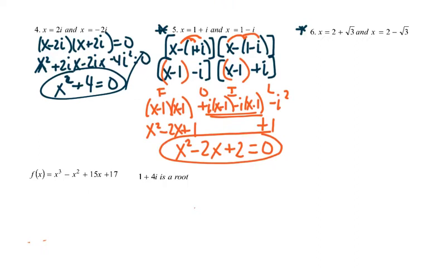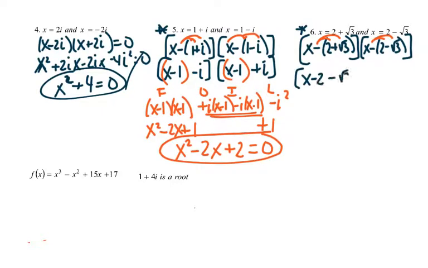Let's try another pair of crazy conjugate pairs. This comes from the factors x minus the quantity 2 plus root 3 and x minus the quantity 2 minus root 3. I'm going to distribute and regroup, so I get x minus 2 minus root 3, x minus 2 plus root 3.